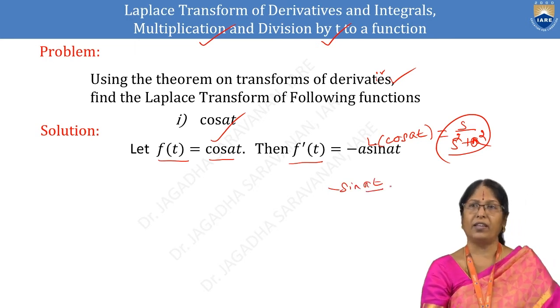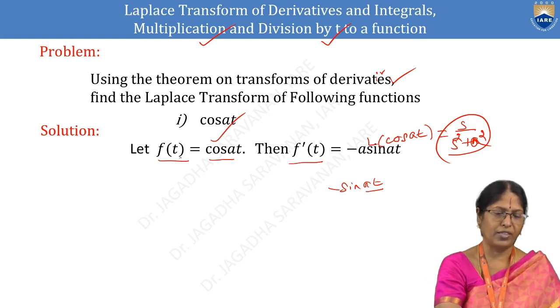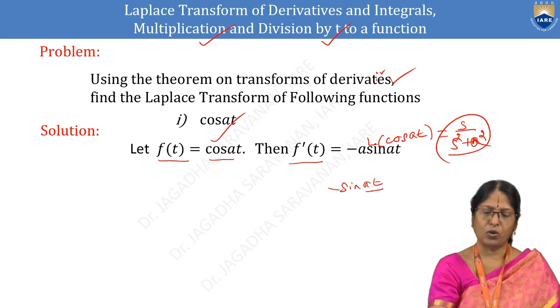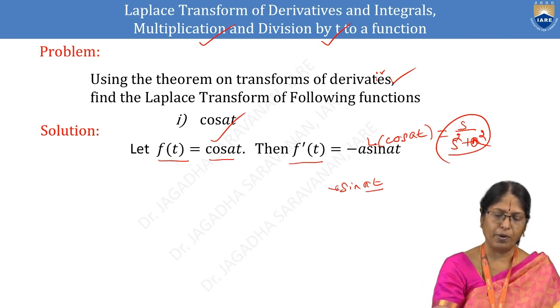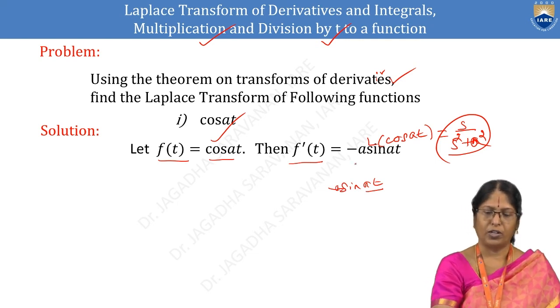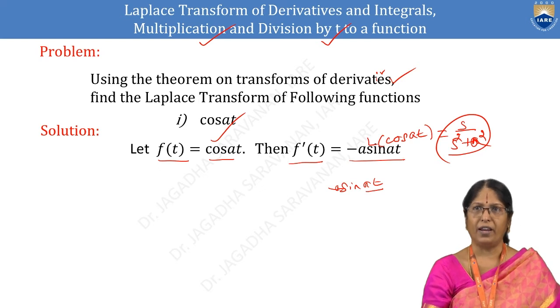Again, this at we will differentiate. The coefficient of t is nothing but a, which should be multiplied. So that's what is written here: minus a sin at.